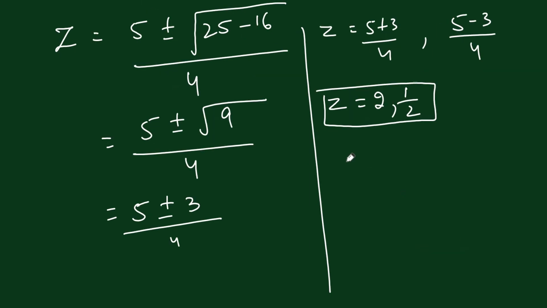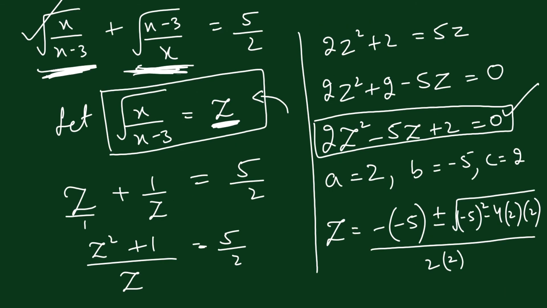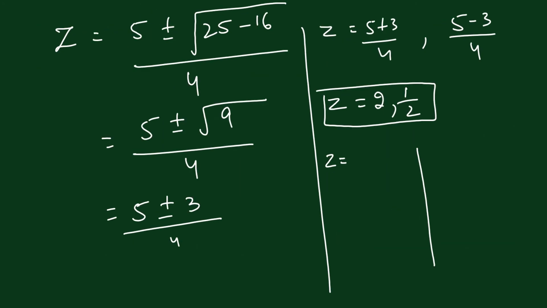That is, I'll write, we have root of x by x minus 3 is equal to z. But z has two values. One is 2, one is 1 by 2.